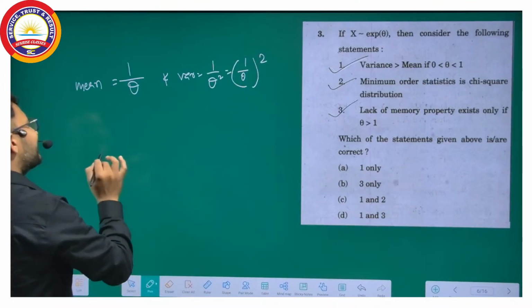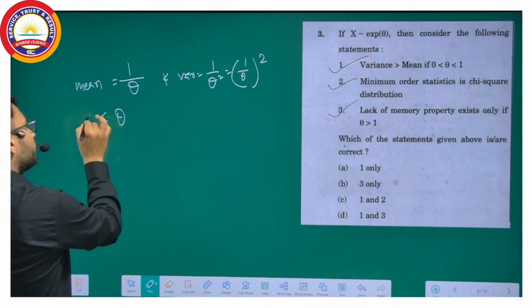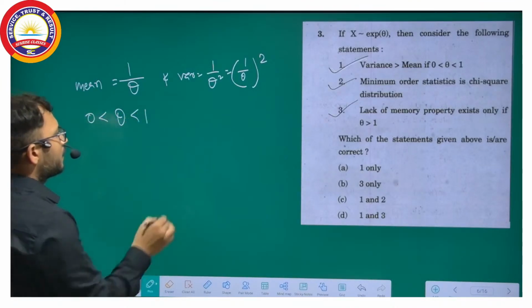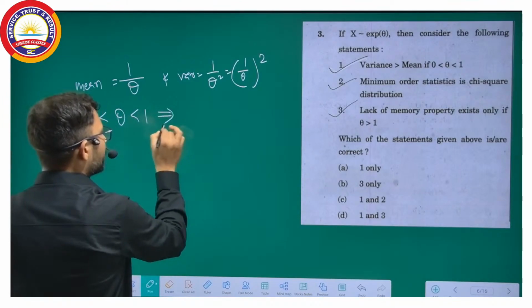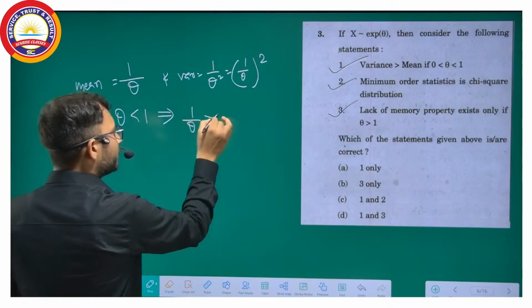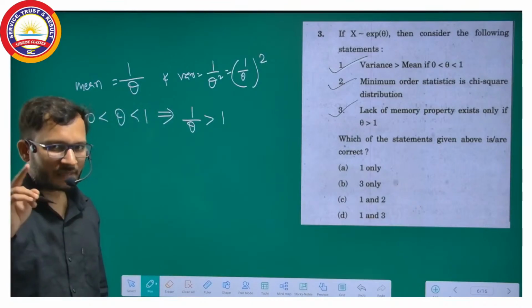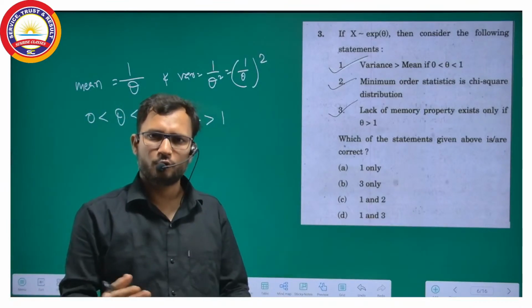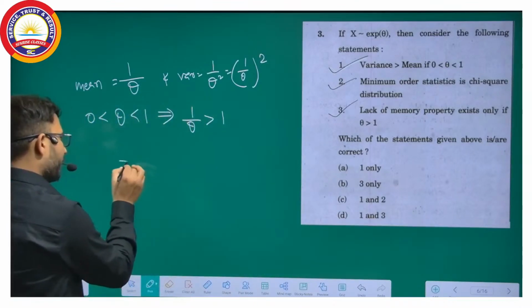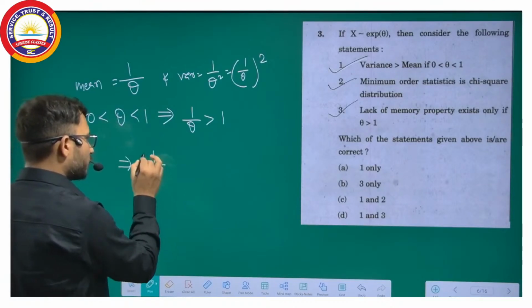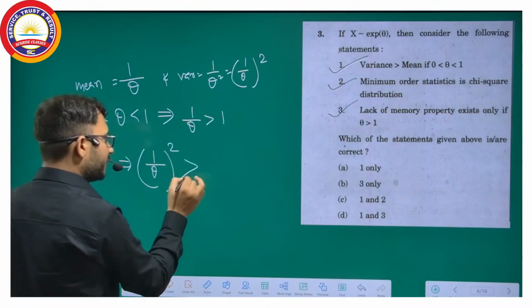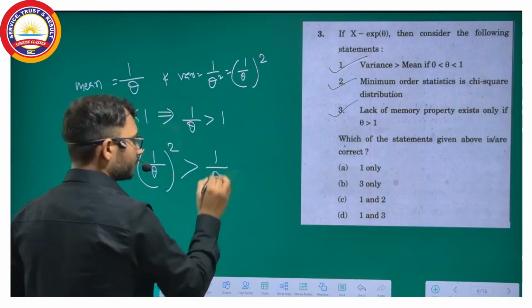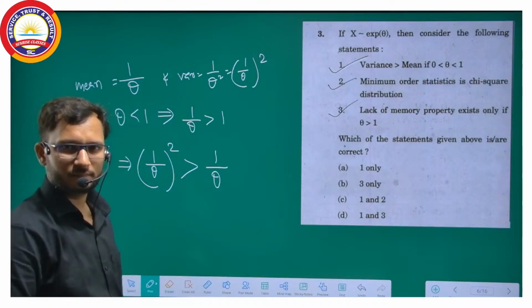So if I say theta lies between 0 to 1, what it means is that 1 by theta will be greater than 1. And if a number is greater than 1, you know it well that this implies that 1 by theta square will be greater than 1 by theta. Isn't it?